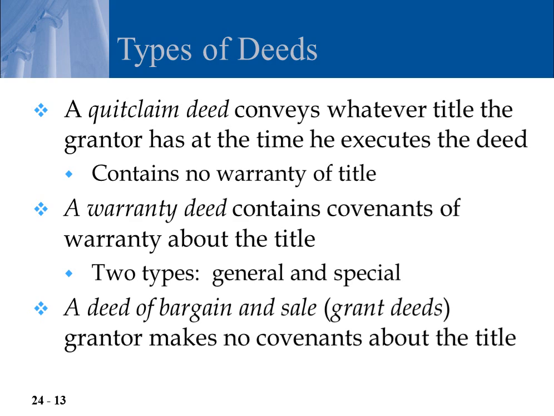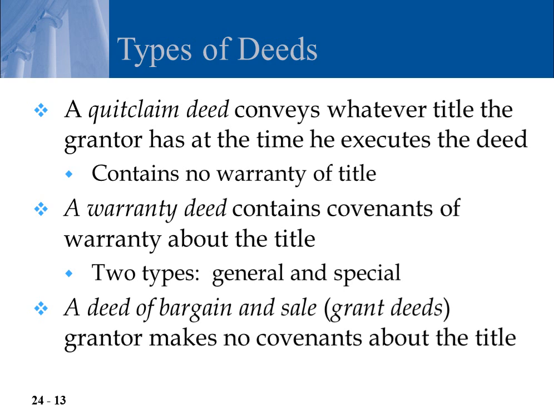A warranty deed, which is the type of deed that you want if you're buying a piece of property outright, contains covenants of warranty about the title, and there are general covenants as well as special covenants. So under a general warranty deed, the grantor warrants against and agrees to defend against all title defects and encumbrances, which can be like a lien or an easement, including those that arose before the grantor received her title.